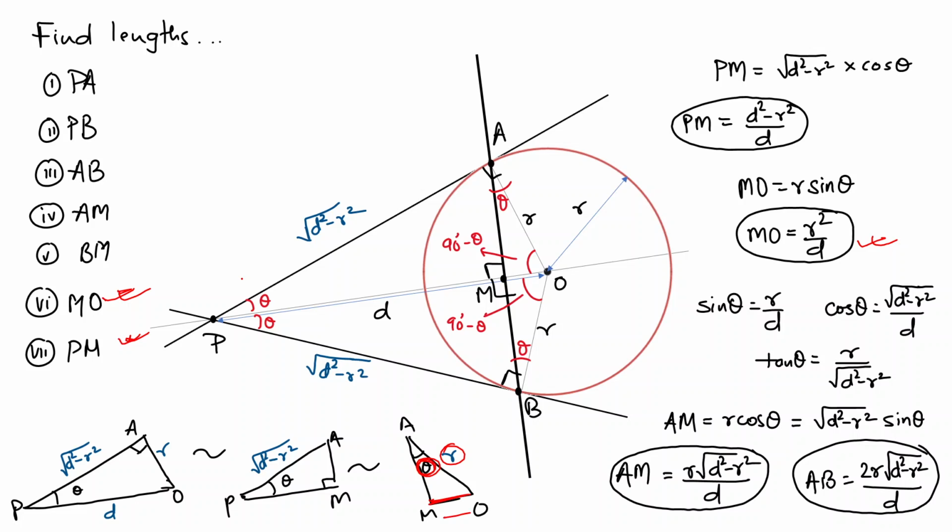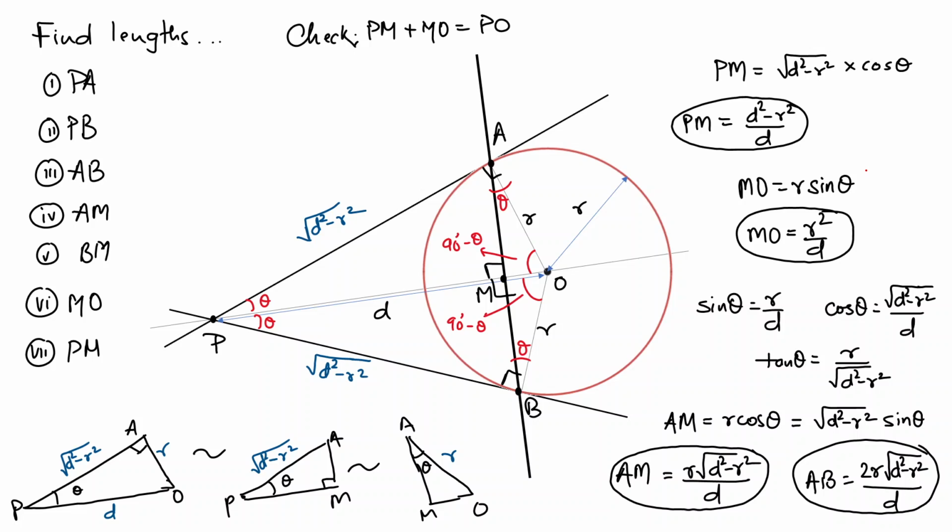That's the lesson here. You can also verify that PM and MO should add up to PO, right? So you check this PM and you add MO. You see d r square will cancel out and you will get d square by d, which will be d. So consistent also.